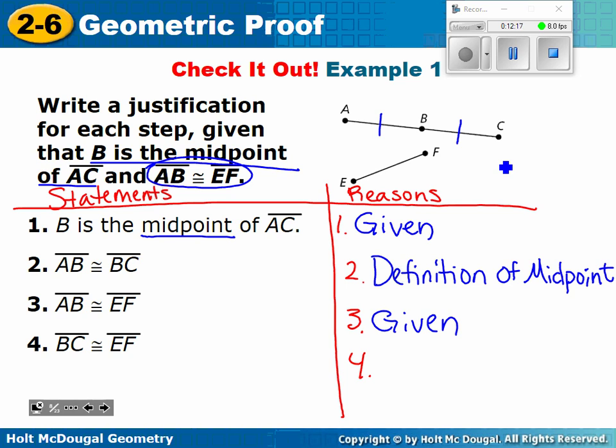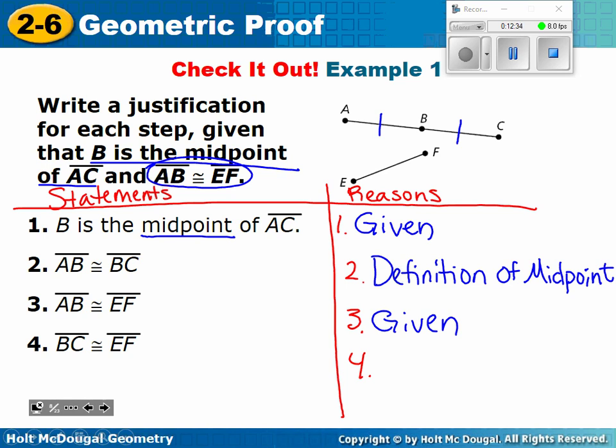Now they said AB is also congruent to EF. So how do we now know that BC is congruent to EF? Okay, so this has to be a definition, theorem, postulate, or property. It is transitive.